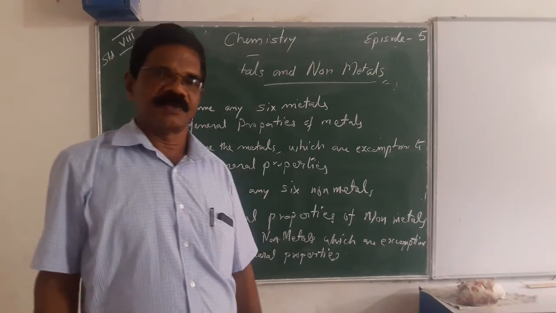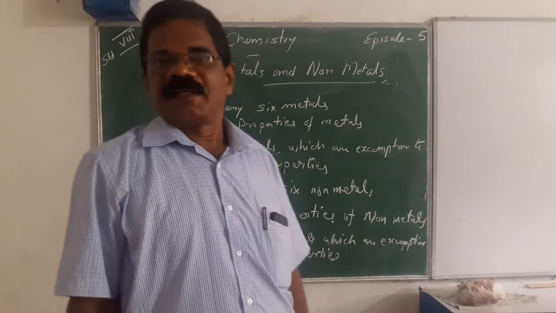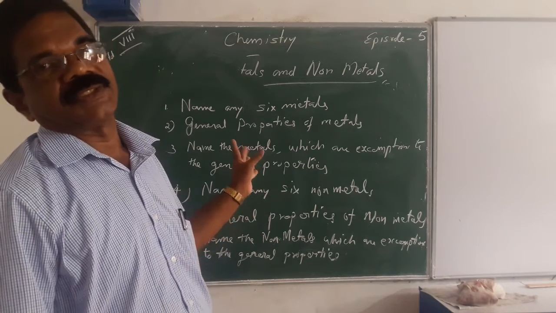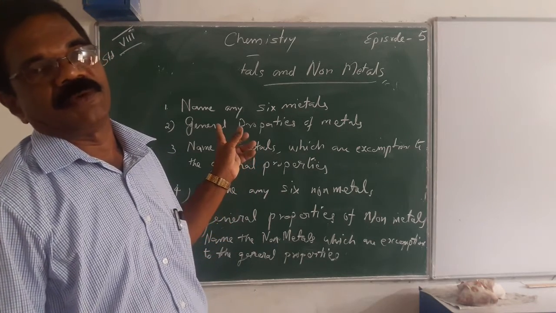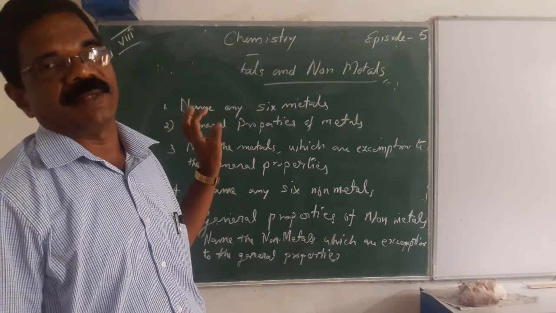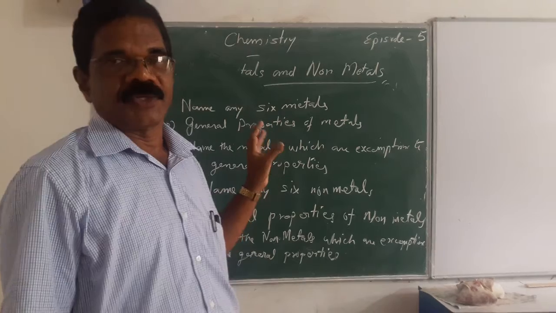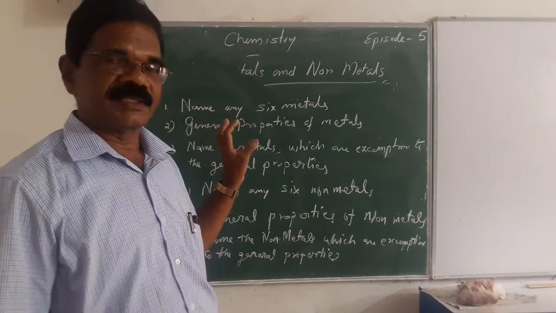So today you must read the textbook and write down the answers to these questions in your notebook. In the coming examination, you will be asked questions from this section, so you must read these questions.